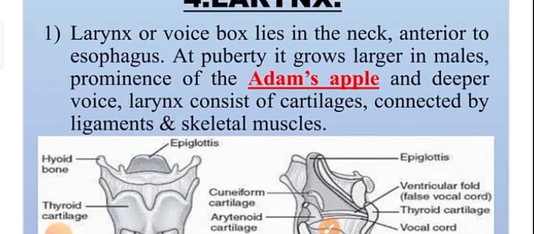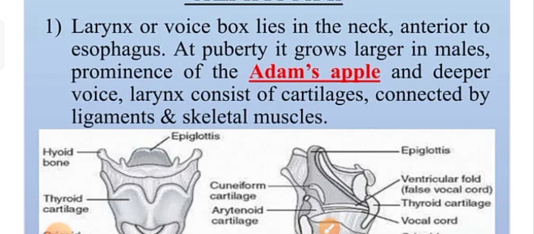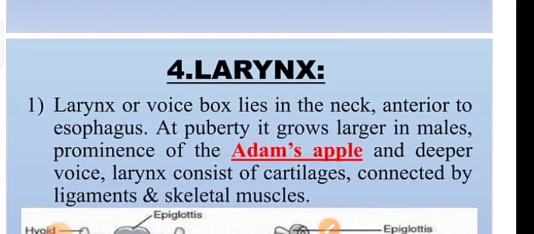Next, coming to the larynx. The larynx, also called the voice box, lies in the neck, anterior to the esophagus. At puberty, it grows larger in males, with prominence of the Adam's apple. You have to keep it in mind.